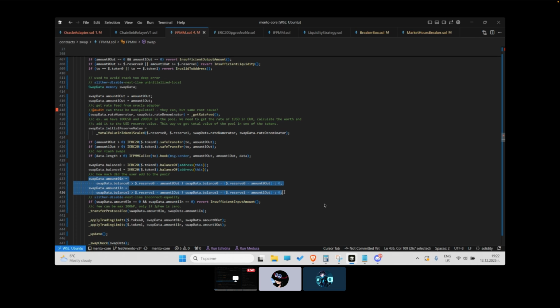So they're trying to calculate how much the user added to the pool, right? Yes, but like the math. So balance zero is the balance of the tokens.